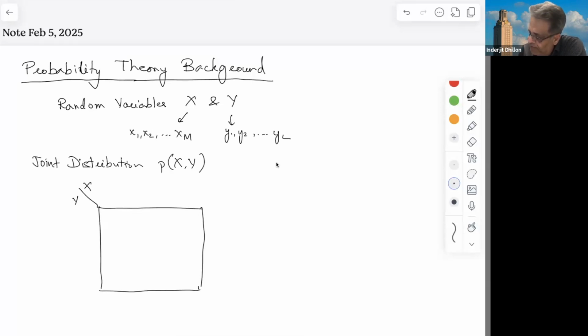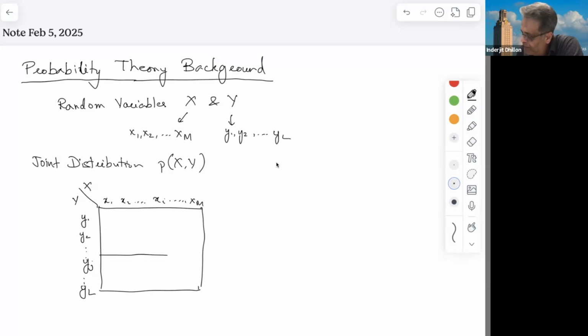So the different values that y can take are y1, y2, yj through yl, and x takes x1, x2, xi through xm.